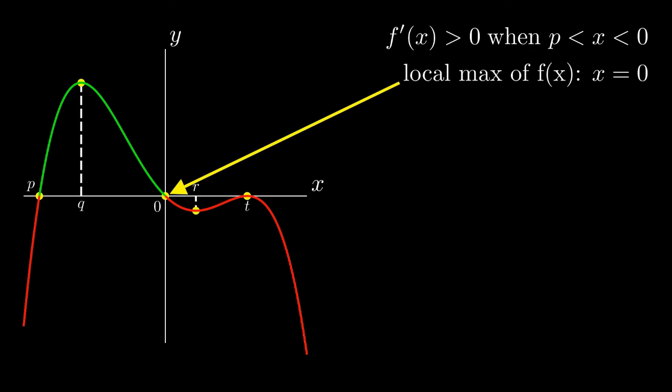So the derivative goes from positive to negative. Where does that happen? It goes from positive to negative at point 0. So at 0, the derivative is 0, and it's passing from positive to negative, which means the function is increasing and then hits 0 and then decreasing.